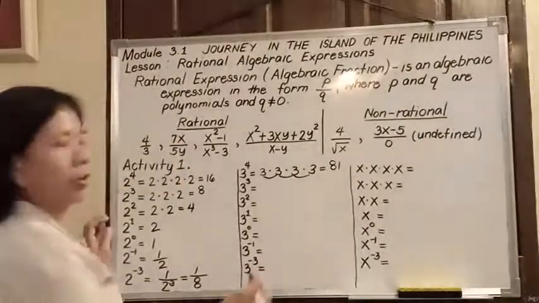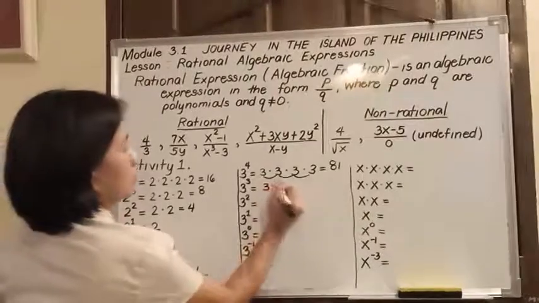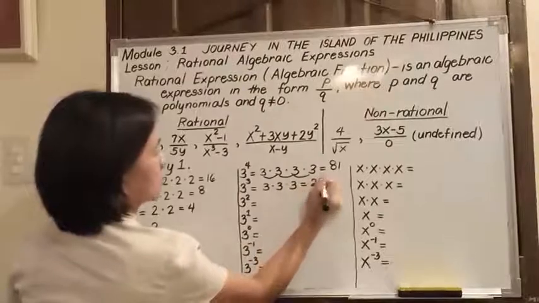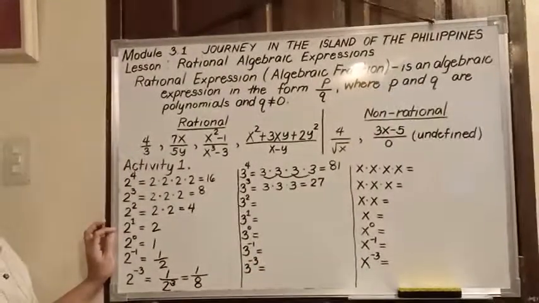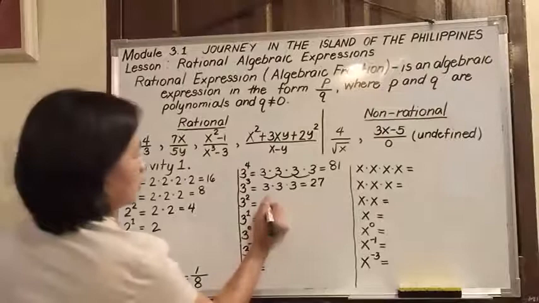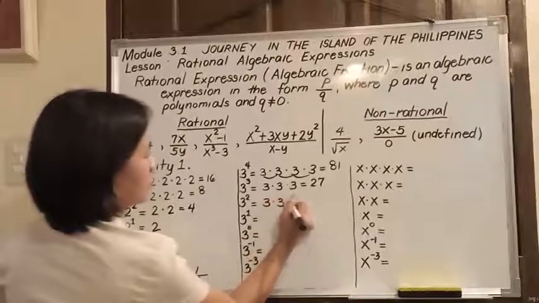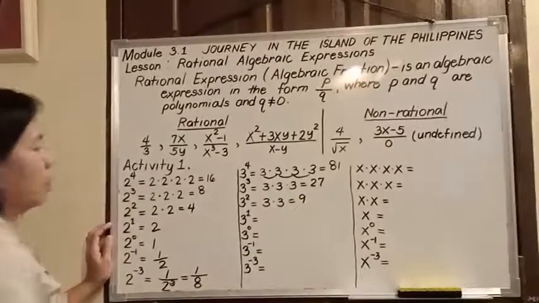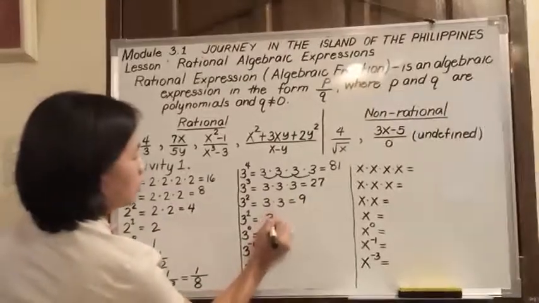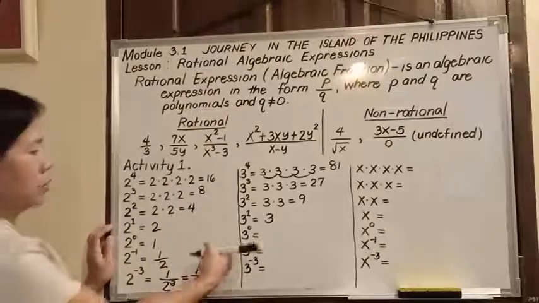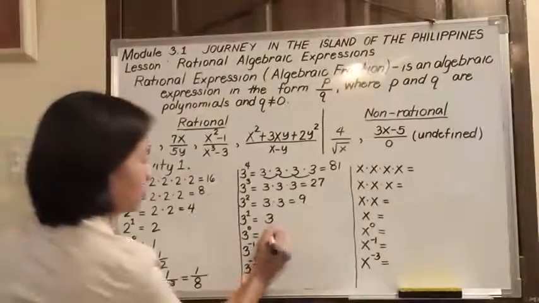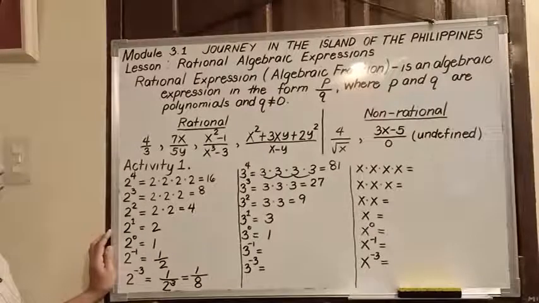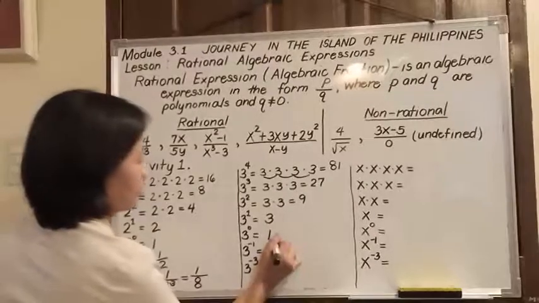Next, 3 to the third power, 3 times 3 times 3, and that is 27. 3 to the second power, 3 times 3 is 9. And then we have 3 to the first power is equivalent to the base, which is 3. But for 0 exponent, it is always equivalent to 1. And then 3 raised to negative 1, this will become a fraction.